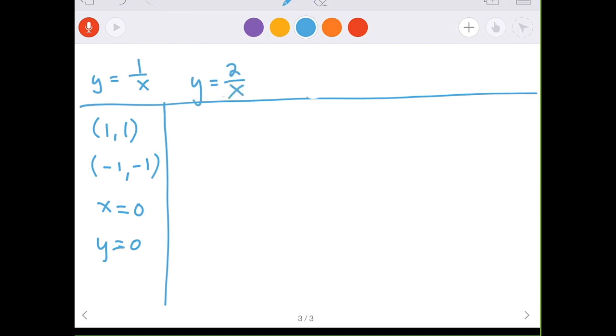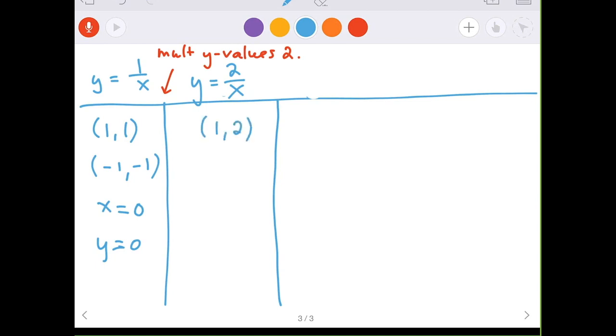In the interest of space, I'm going to call it 2 over x, and then we'll just make note of the fact that in order to apply this transformation, since it's an outside multiplier, we're going to multiply the y values by 2. So that's going to make our ordered pairs 1, 2, -1, -2.